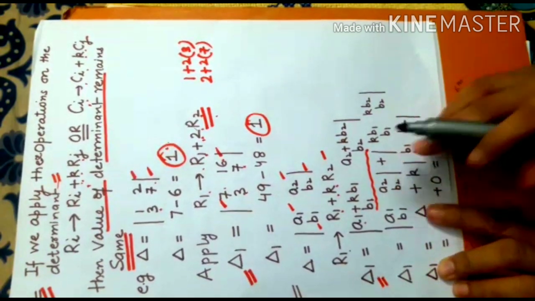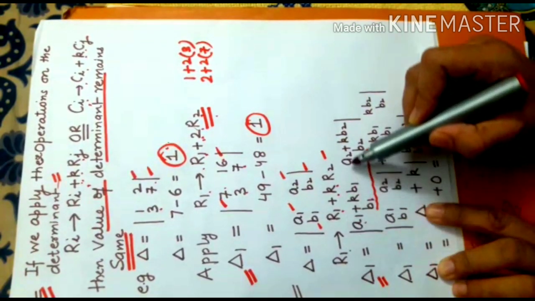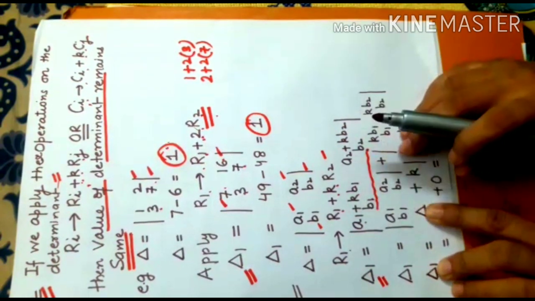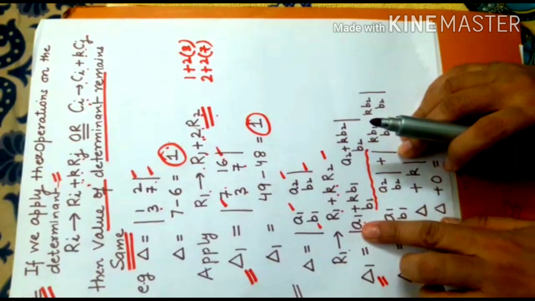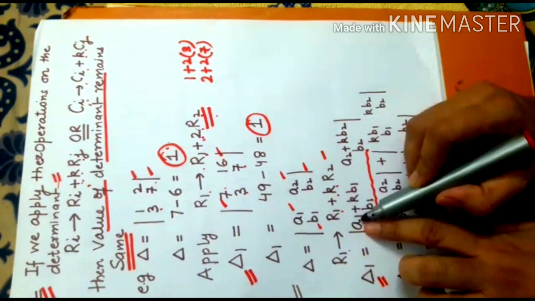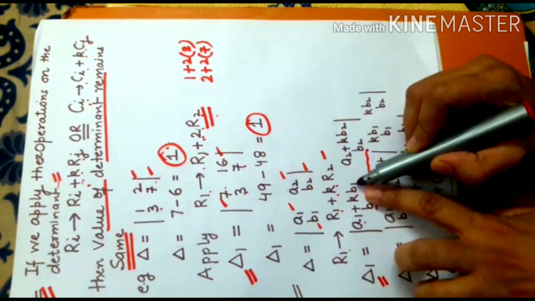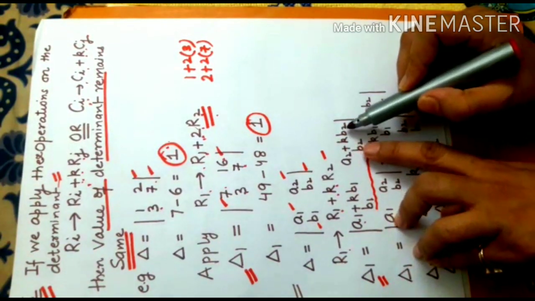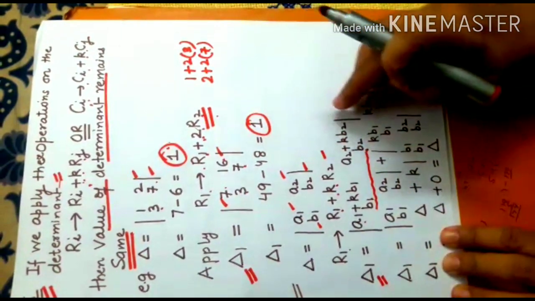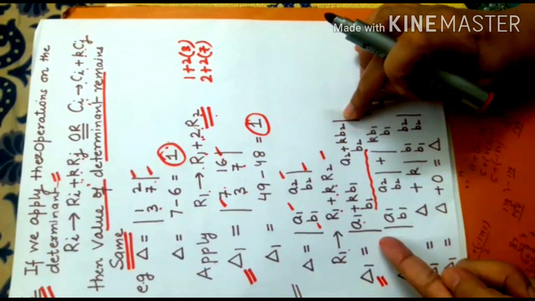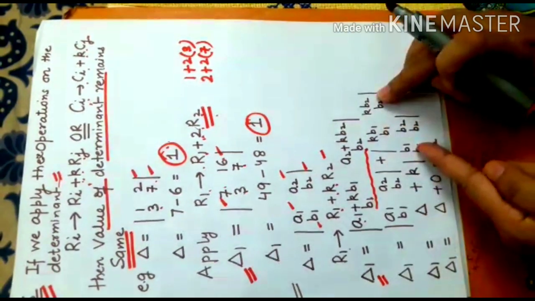Now you can see all the elements of the first row are expressed as the sum of two elements, and by the fifth property, we can express this determinant as the sum of two determinants.